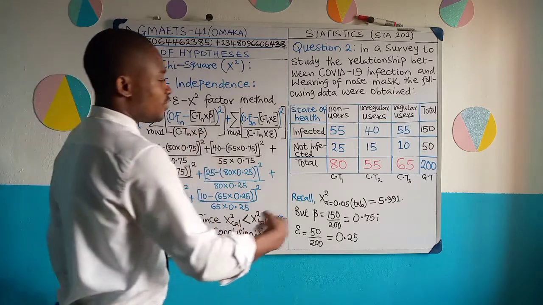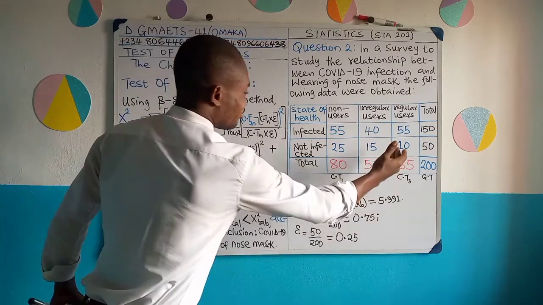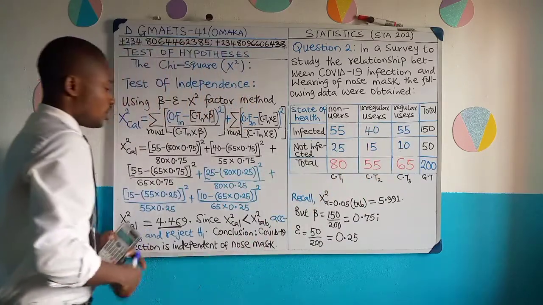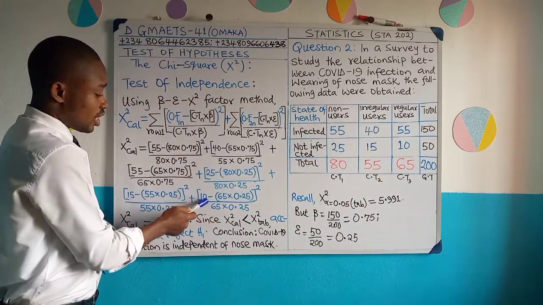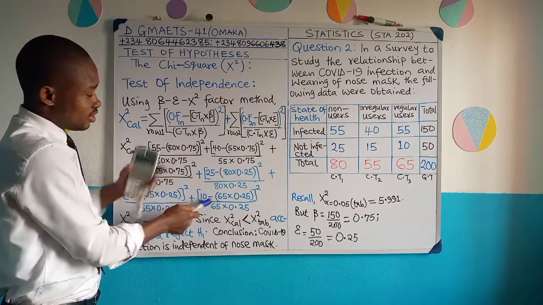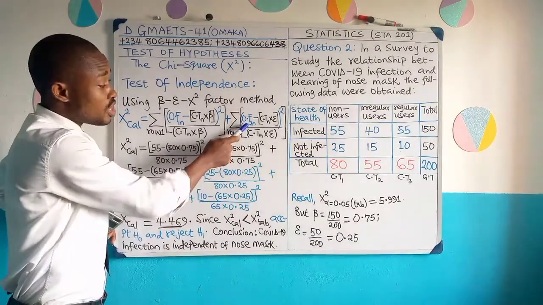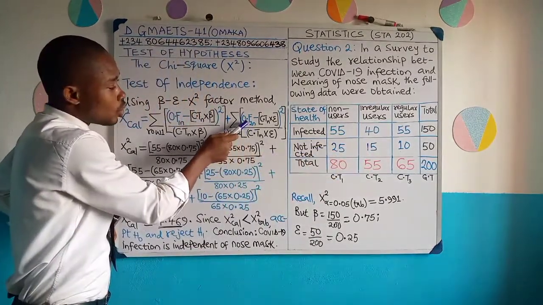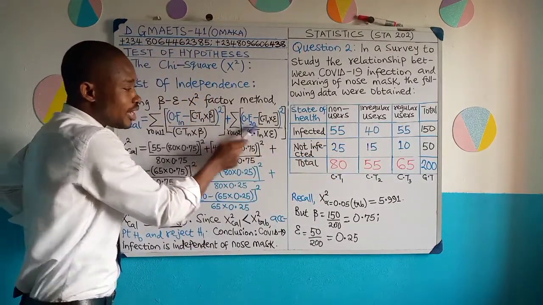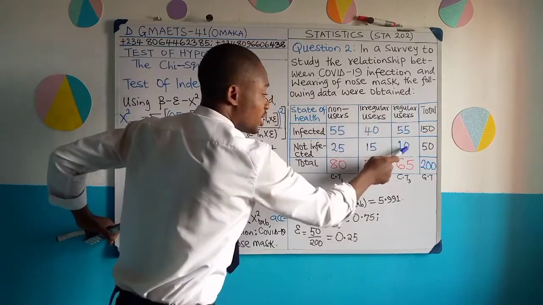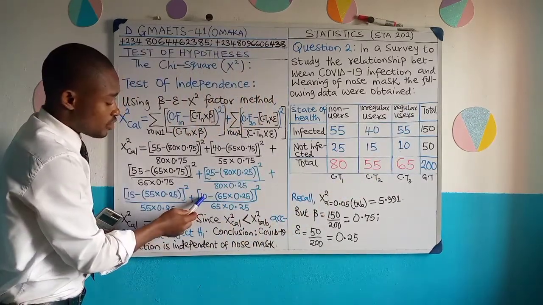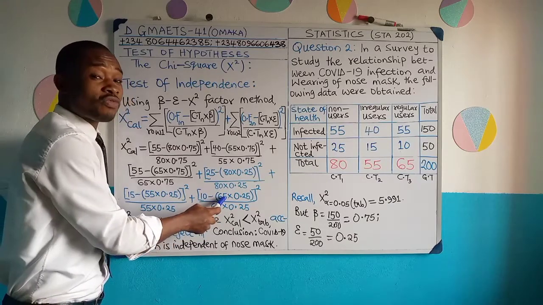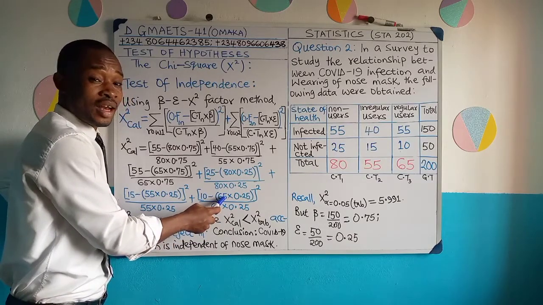Let's quickly check the value of row 2 column 3, which is this 10. Row 2 column 3, that will take us to the last term here. How did I get that? You come to this part of the formula, because here it sums over row 2. So you go, observed frequency of row 2 column 3, that is 10. You fix up the observed frequency minus open bracket the column total of that row 2 column 3 element.